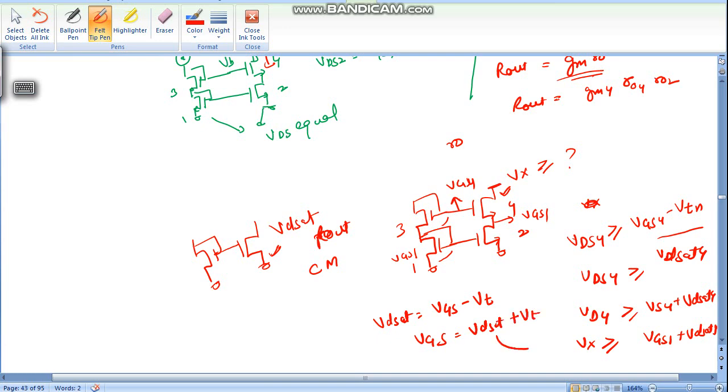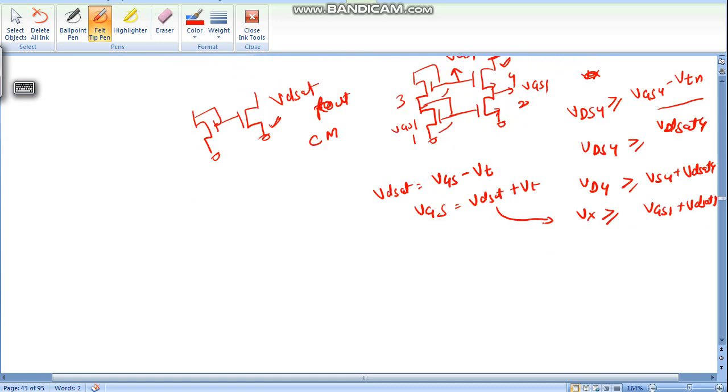We put this in the equation, and we can say Vx is greater than or equal to VDsat1 plus VDsat4 plus VTN. So Vx is greater than or equal to 2VDsat plus VTN.